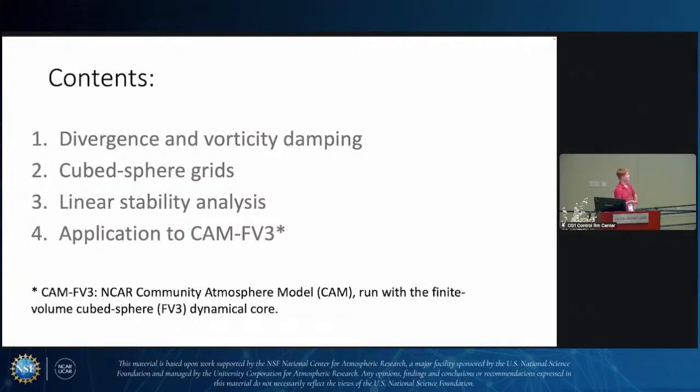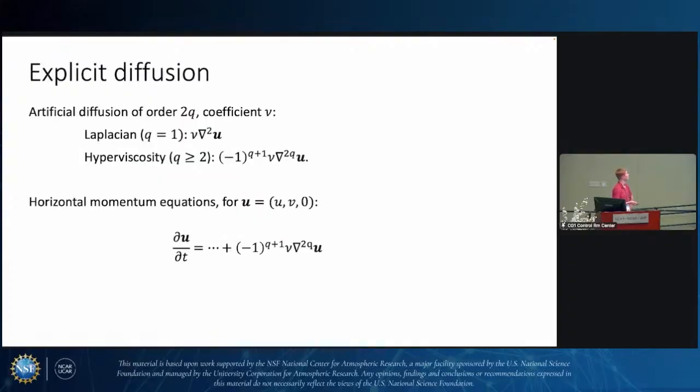So firstly, I'll just describe what divergence and vorticity damping are, what the cube sphere is, and then show some application of CAM-FV3. So this is the finite volume cube sphere grid that's used within the CAM model. So explicit diffusion, if we consider this for the horizontal momentum equations, you can apply this to your horizontal velocity through either a Laplacian term or some higher order operator, which we call a hyperviscosity.